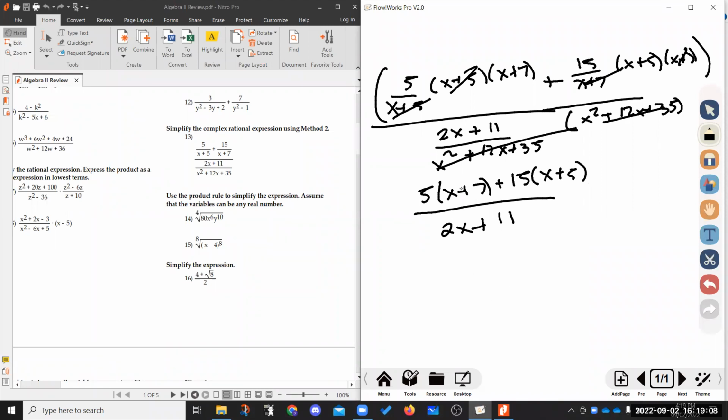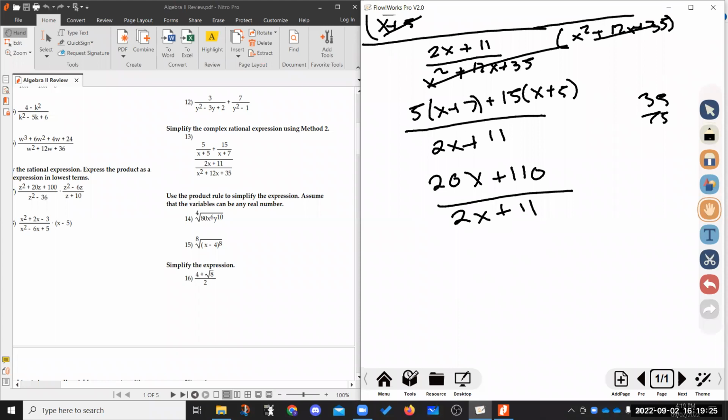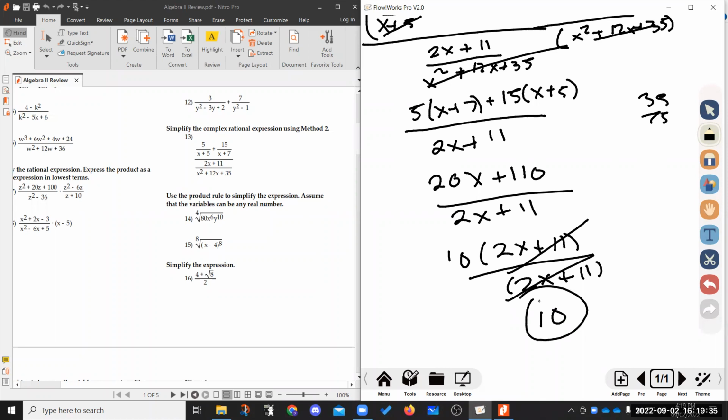And then I'm going to have 5 and 15 makes 20. 35 and 75 makes 110. 2x plus 11. Not done. I warned you about this just a second ago, that I see a common factor of 10 in the numerator. And it simplifies to be 10.